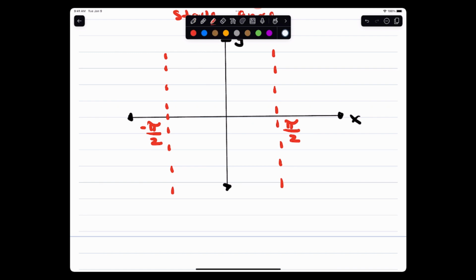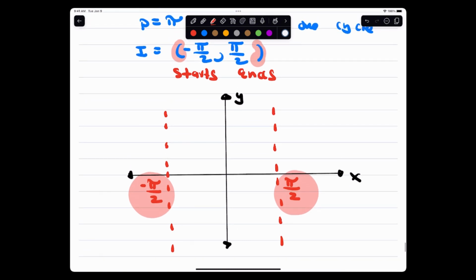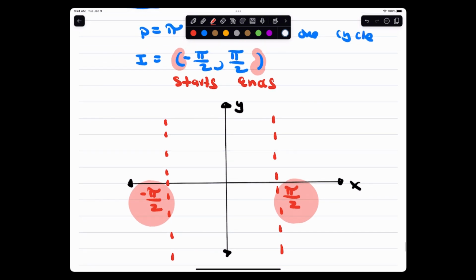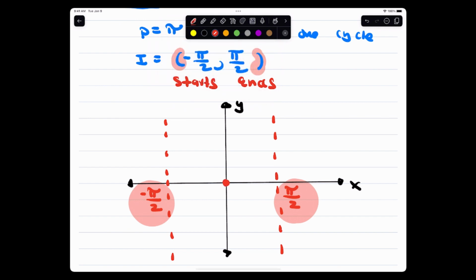Okay, so we're going to put these values here to let you guys know. These are very special. And I put these vertical lines here. Okay? And I'm also going to sketch the curve. I'm going to put a point at the origin.